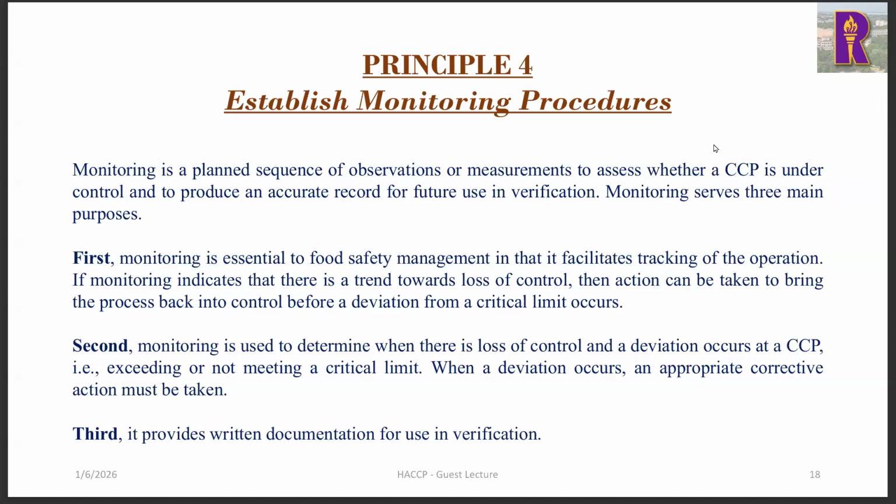There is no proper level of filtration, so it directly comes into the pasteurization process and finally into packed milk. When the consumer complains that there is serum or pus in the packed milk, there comes the analysis point. Where did it start? From the procurement. So we have to find where it started from the procurement.